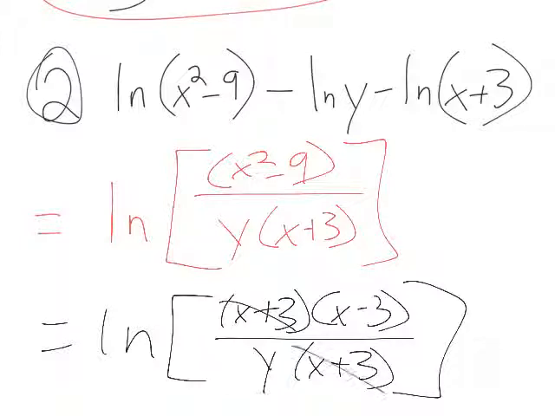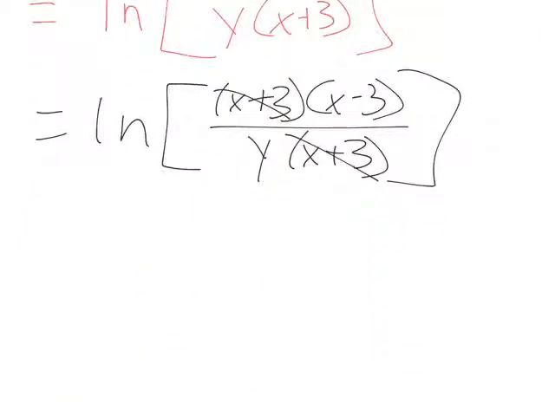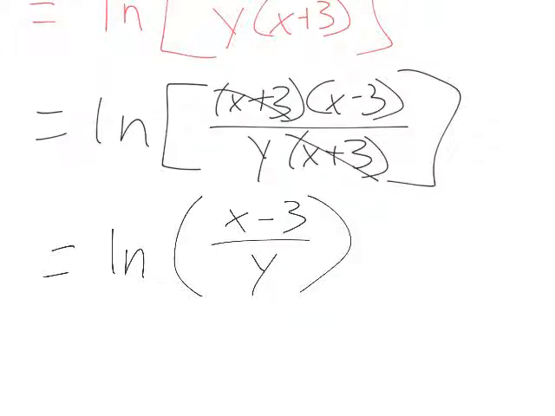The x plus 3s are common. We can cancel those. We'll scoot up just a little bit and be able to write our final form. I don't think I'm going to need the brackets this time. I can just use parentheses because all I've got on top is an x minus 3. And then on the bottom we just have a y. And that's where we wind up at the end.